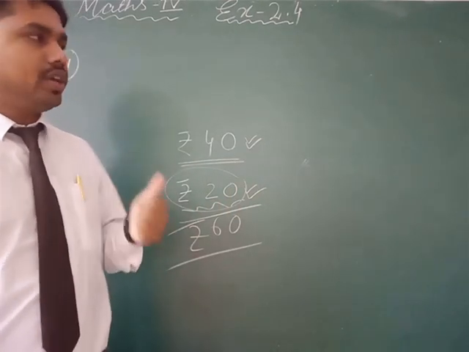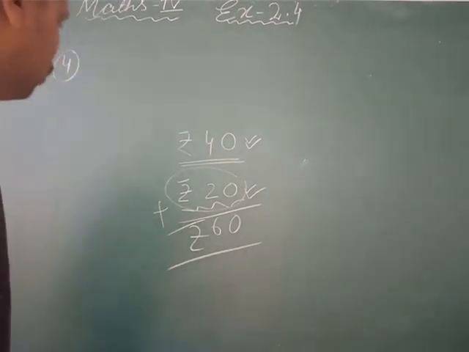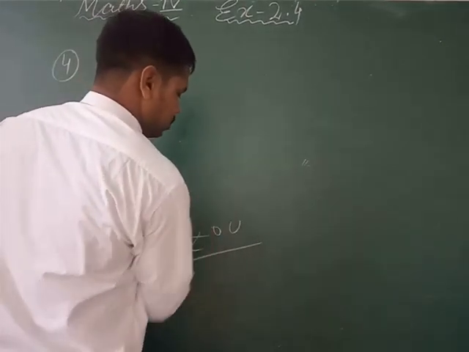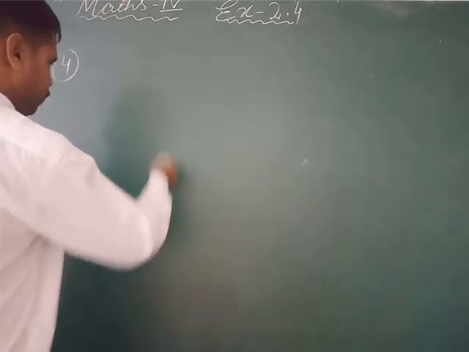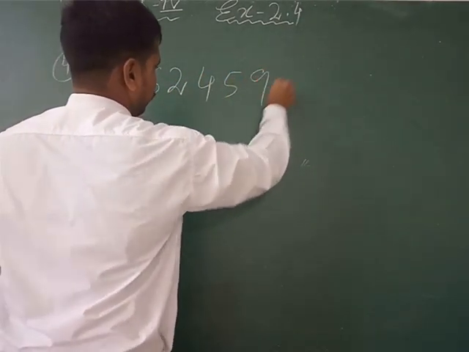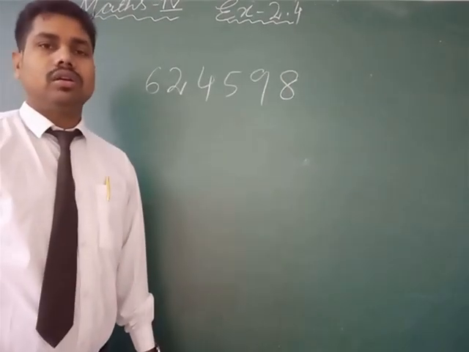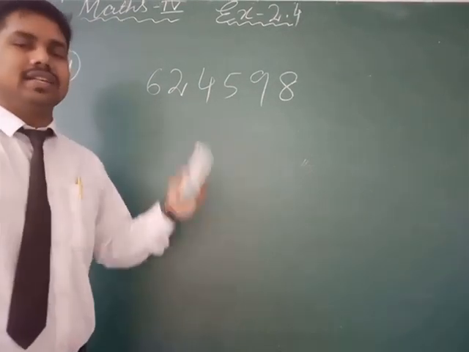Okay, so he purchased at the rate of, if you see question number 4, the cost price is given 6, 2, 4, 5, 9, 8. This is the price at which that particular person purchased the things.